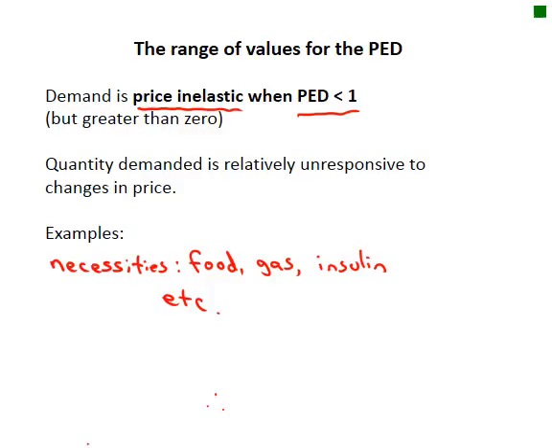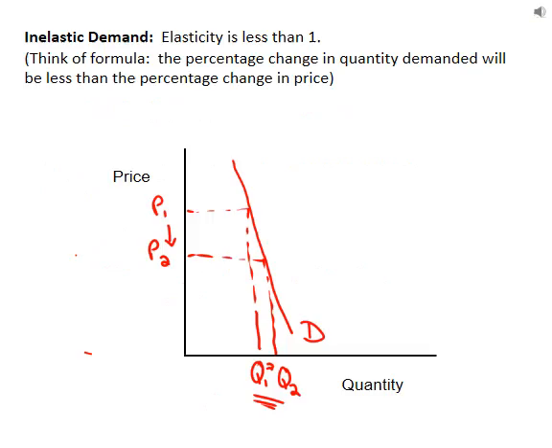If the price goes down, you're still going to try to buy as much as you can because you need it. So necessities could be things like food, gas for a car, something like insulin, etc. These things would tend to be inelastic.